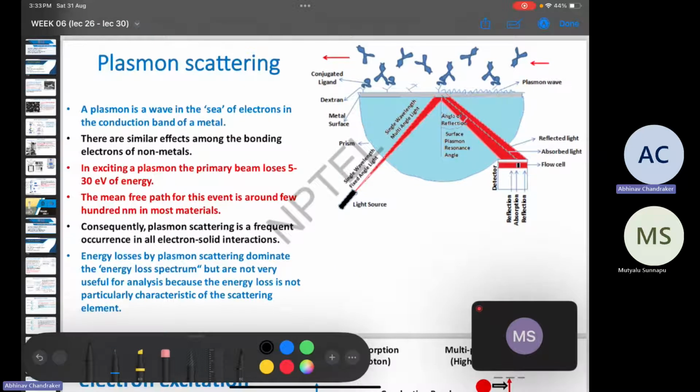Another mode of scattering is plasmon scattering. We know that most materials have a cloud or sea of electrons around the atoms. Especially in case of metals, we have free electrons around the atoms, which can move freely.